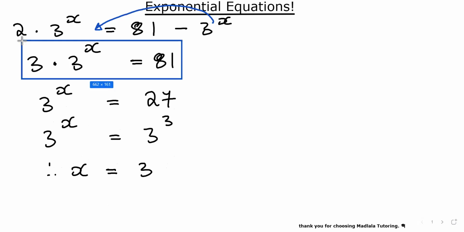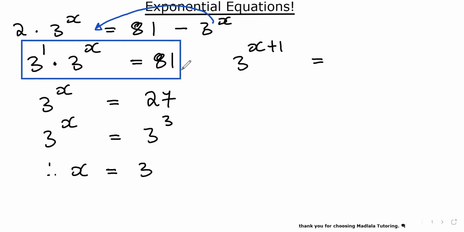But then, if you didn't want to divide both sides by 3, then you could have decided to say the exponent of 3 is 1 and say when multiplying powers of the same bases, we simply add the exponents. So then you have 3 to the power x plus 1 here, and you say this is equal to what?